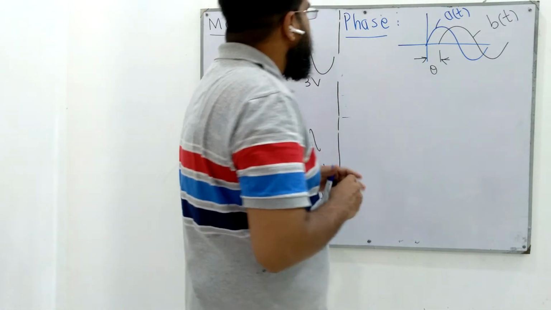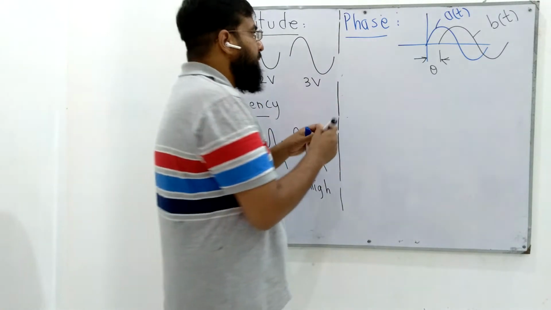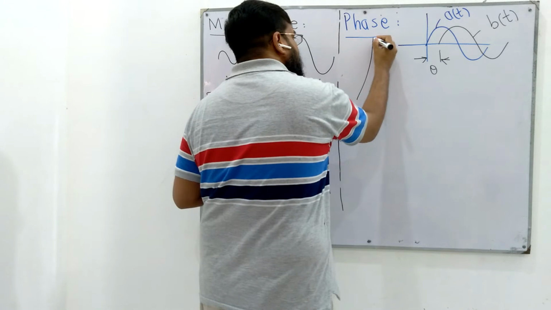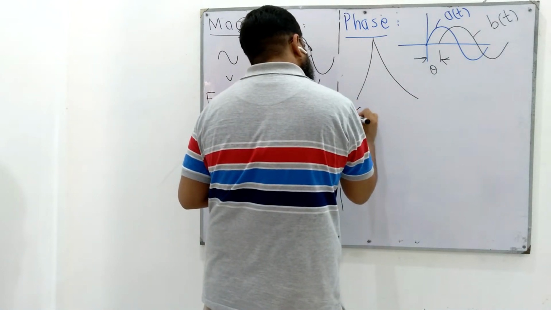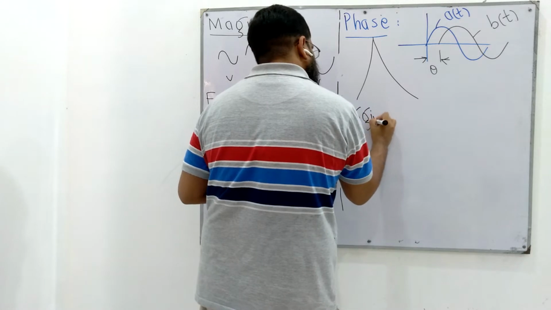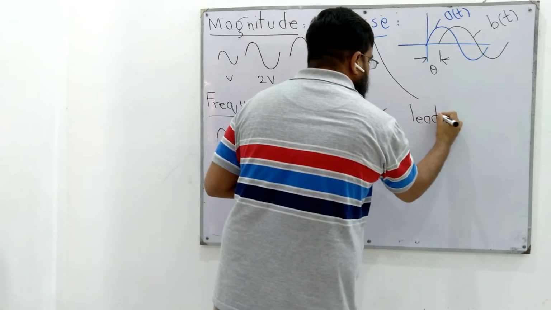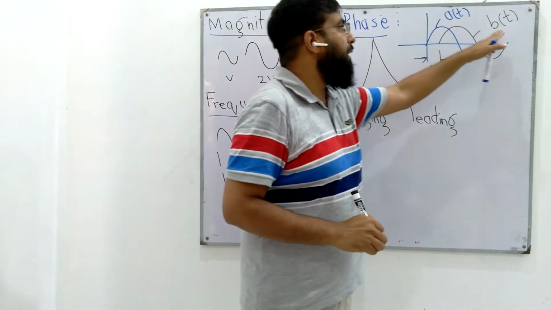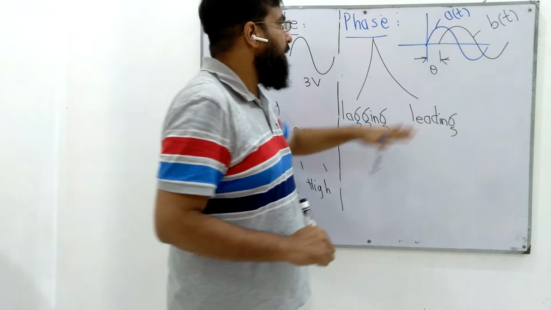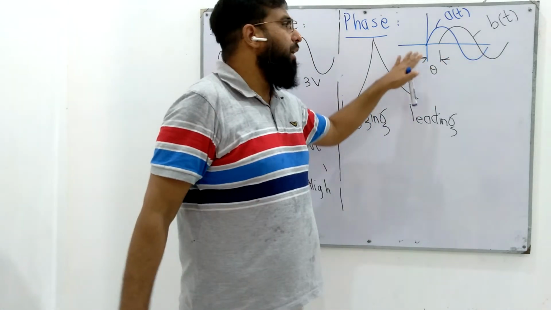With respect to phase, we define two more terms for AC signal analysis, either lagging or leading. A signal B of t can be thought of as lagging A of t.